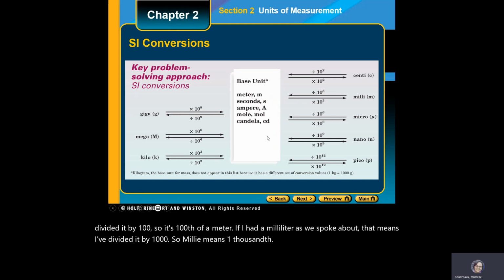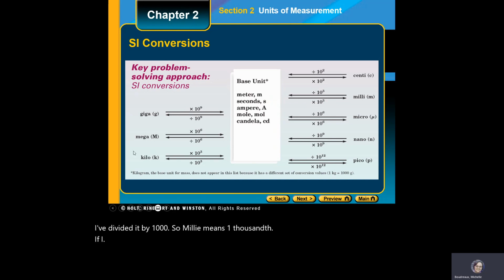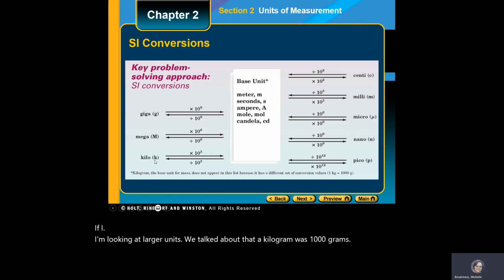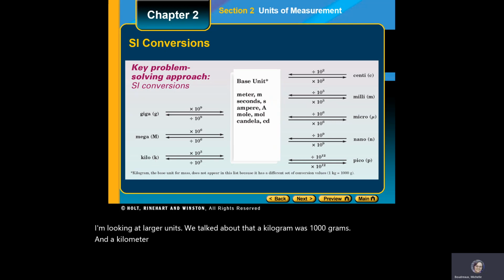If I am looking at larger units, we talked about that a kilogram was 1,000 grams and a kilometer was 1,000 meters. But we can also look at another prefix called mega, and a megaton means it's 1,000,000 tons. A gigabyte means that there's 1,000,000,000 bytes.